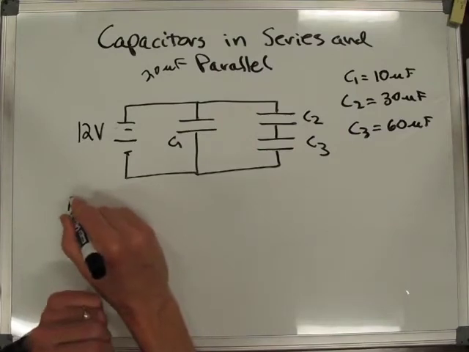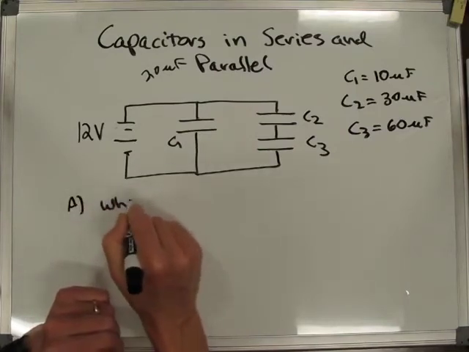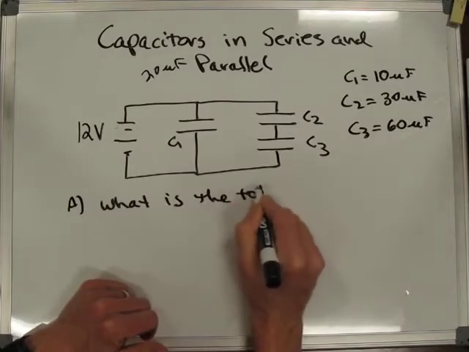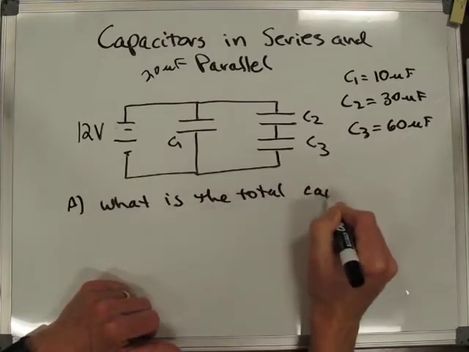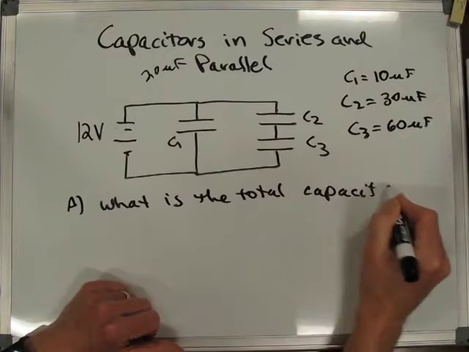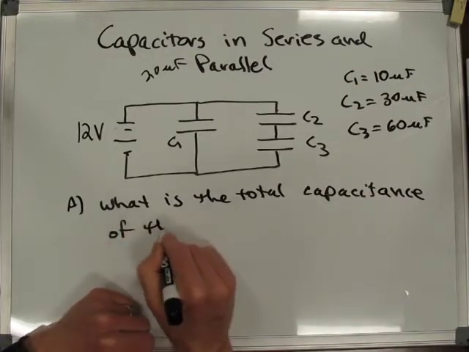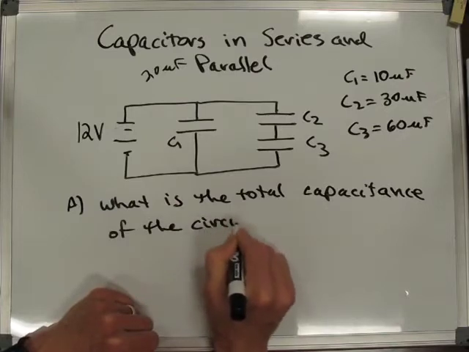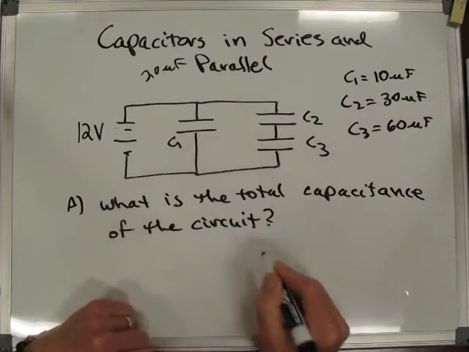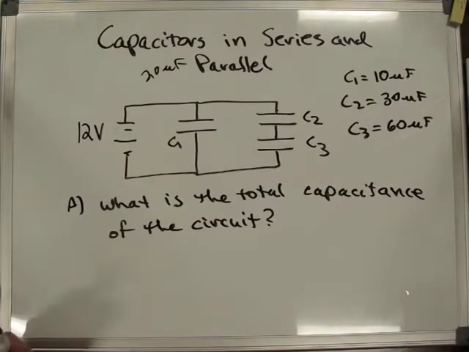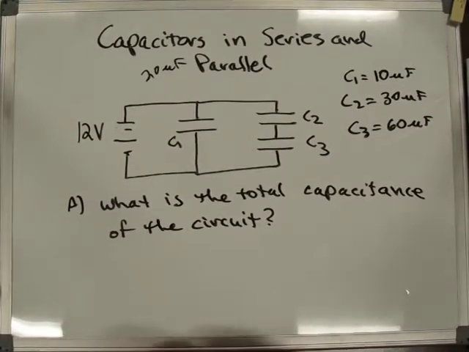The first one maybe is: what is the total capacitance of the circuit? Now we have to think our way through this a little bit.